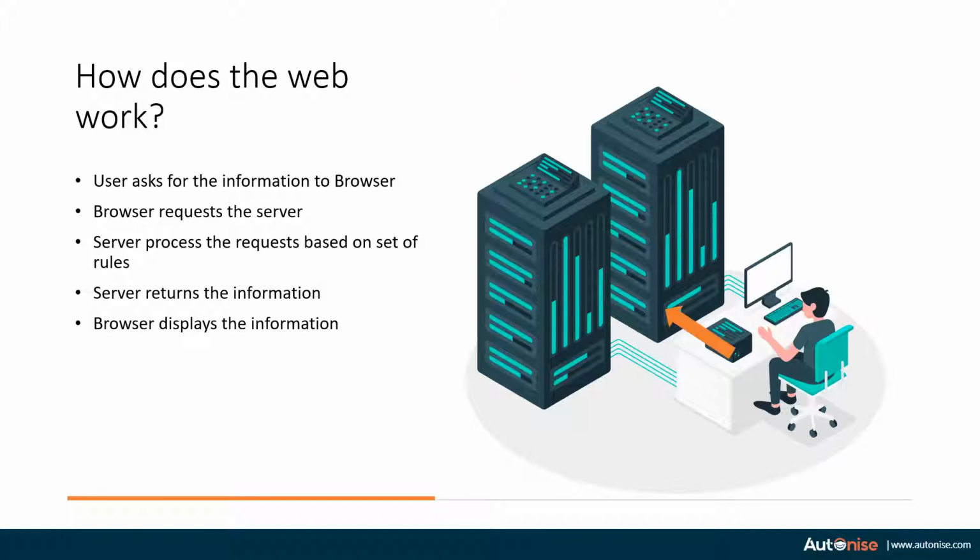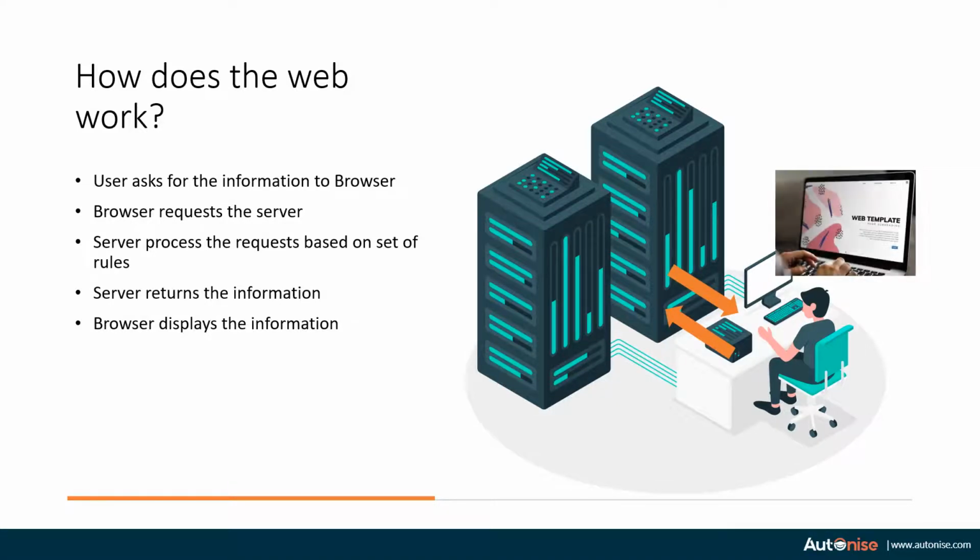The server then processes the requests based on a set of rules. Once the server processes everything, the server returns the information. Then, after getting this information, the browser displays the information it got from the server. So this is how the web works.